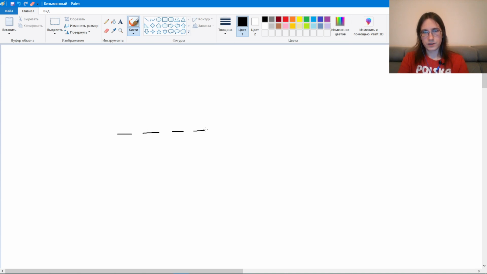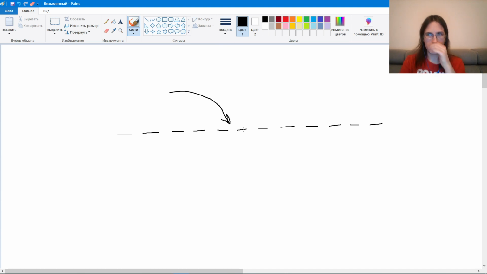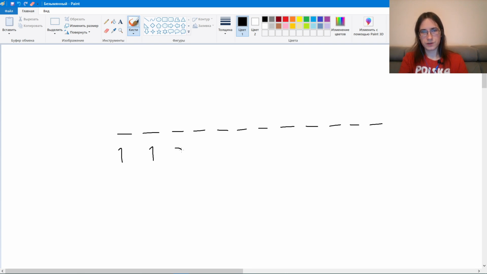So if this is our sequence, suppose we've come here. How can we jump to the next interesting position? Suppose we added this to sequence 1, this to sequence 2, this to sequence 1.